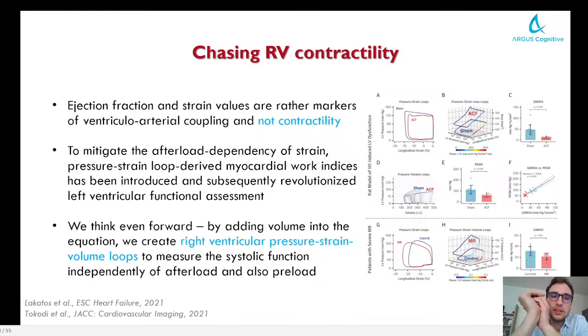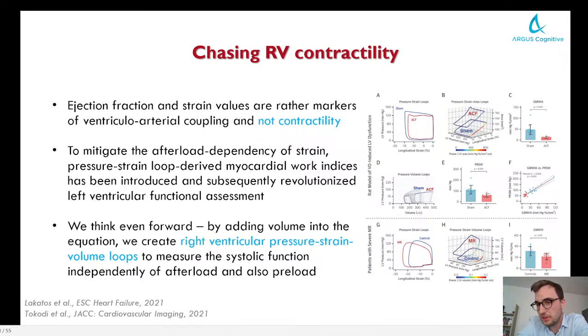So adjusting myocardial deformation to the corresponding afterload maybe mitigates the afterload dependency of strain, and the strain loop groups may have a real added value in patients in which the loading conditions are markedly altered.